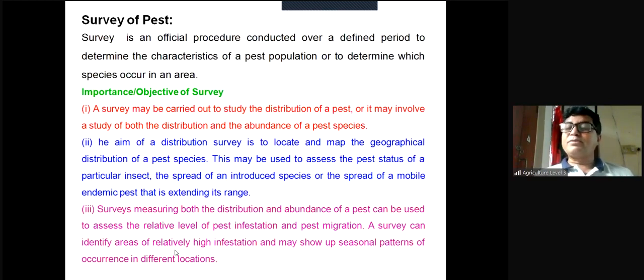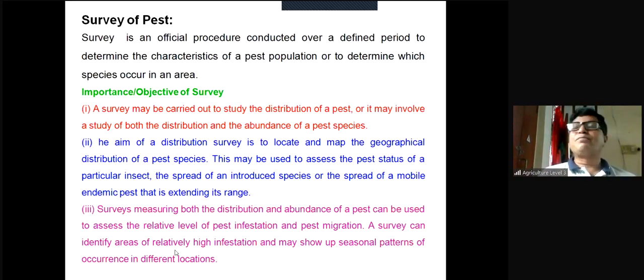And it may also show up the seasonal patterns. Seasonal patterns means if we survey a particular insect species for the whole year, we can see winter, summer, rainy season, autumn, and so on.